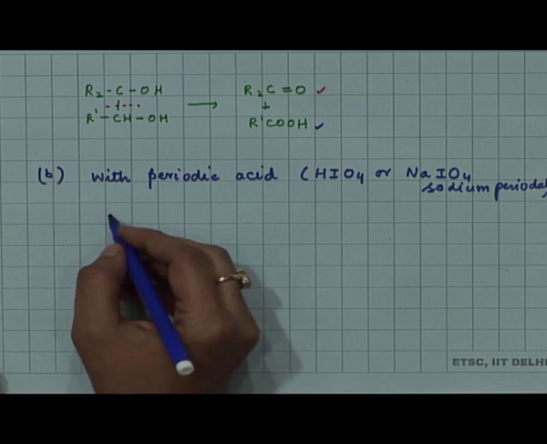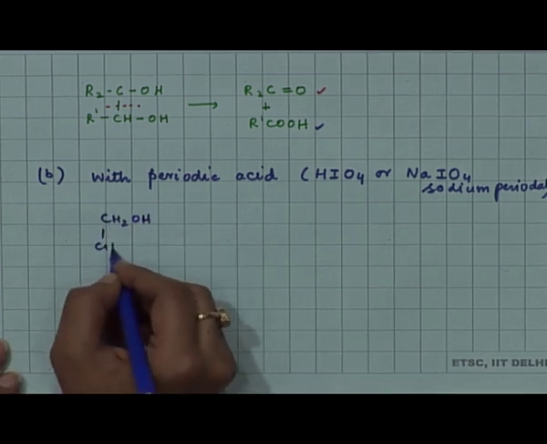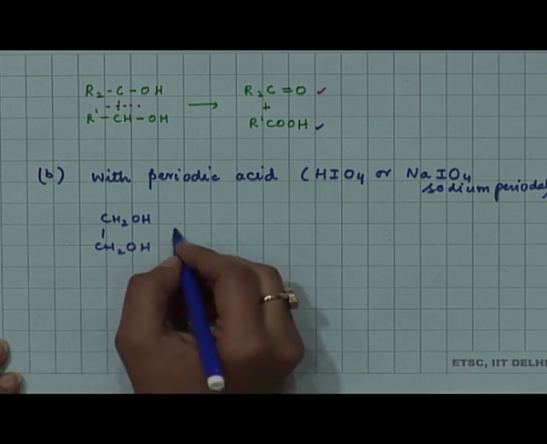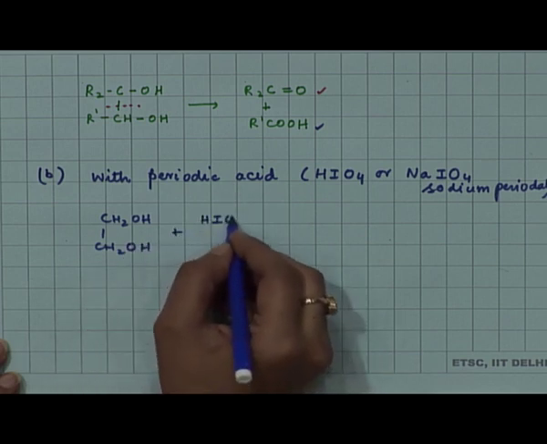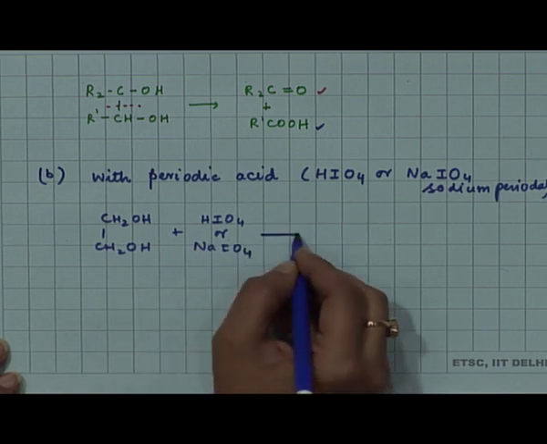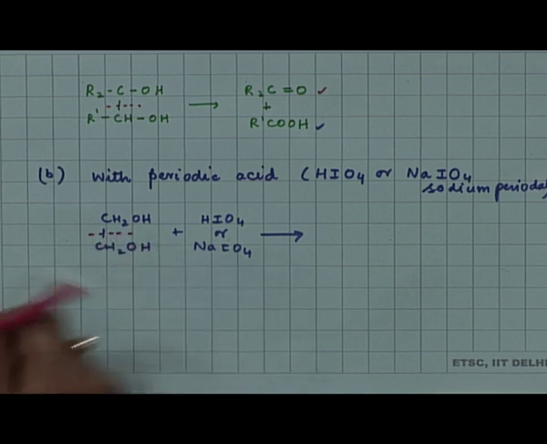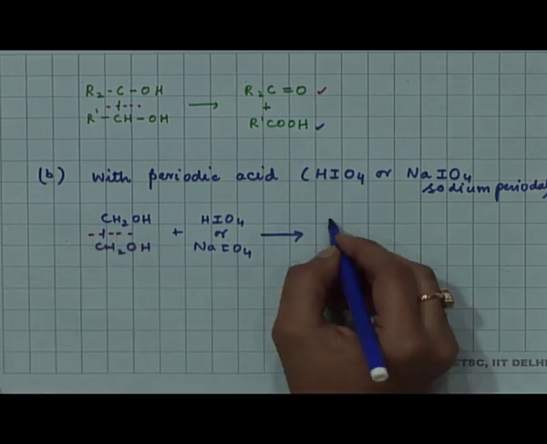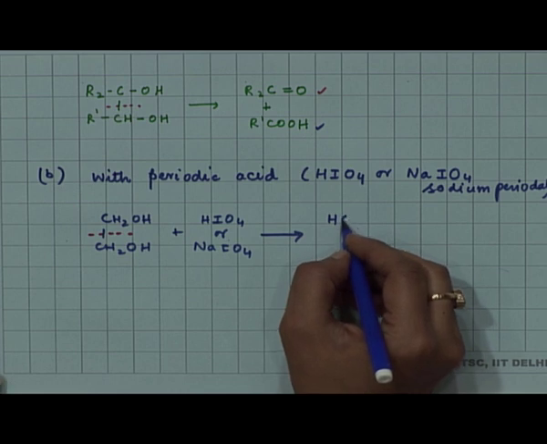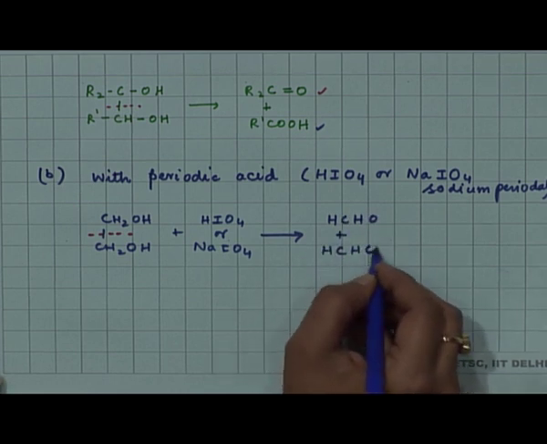So, with periodic oxidation, if you start with the glycol and treat it with HIO4 or NaIO4, as was happening with KMnO4, the cleavage of the bond occurs at this position, but instead of the acid as you were getting previously, you end up with a mixture of aldehydes.